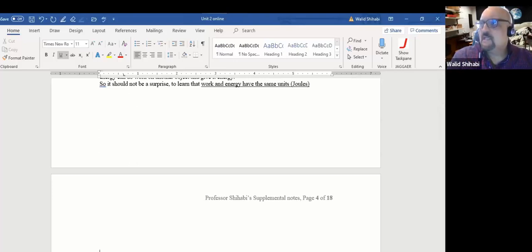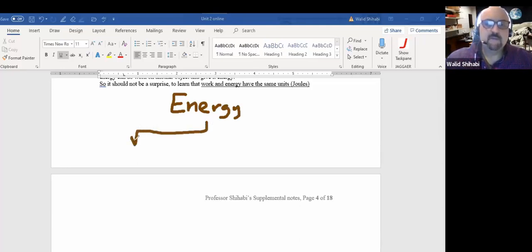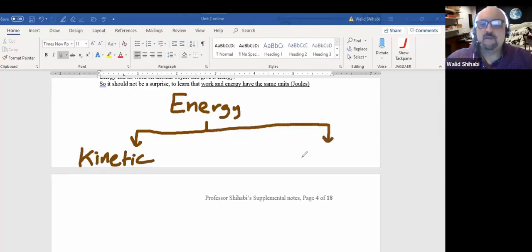So energy, which is the ability to do work, can be classified into two major categories. Kinetic energy, and potential energy. Okay, potential.